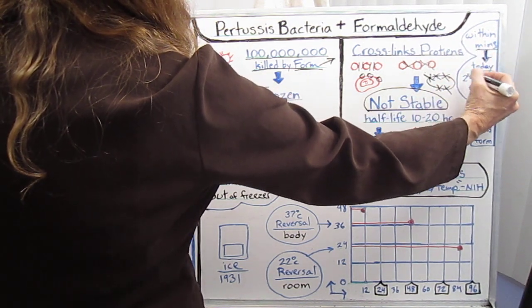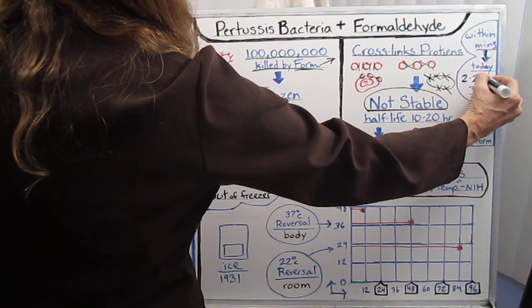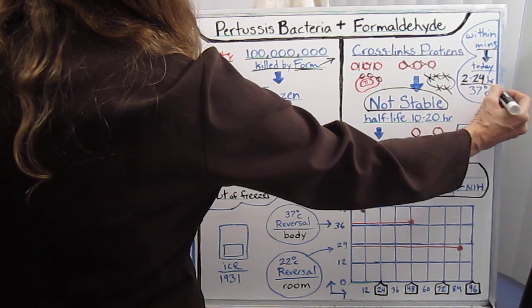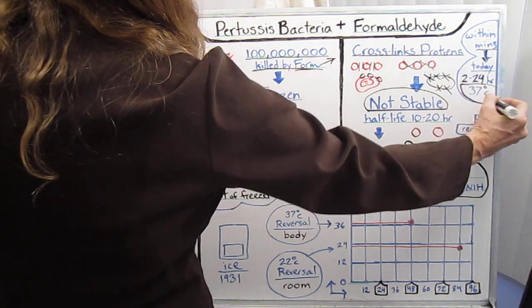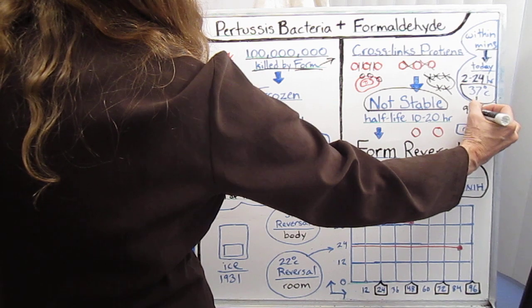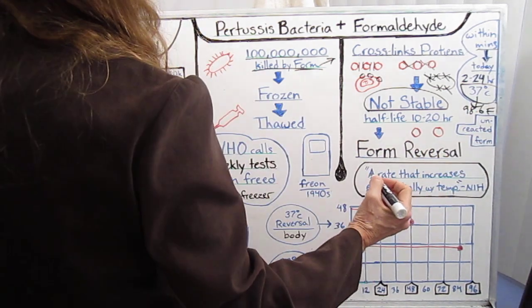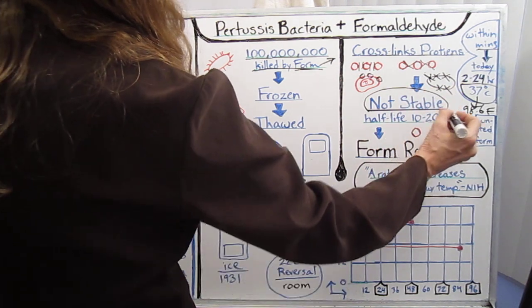Today you'll see in the recipes they will let it sit for 2 to 24 hours over the weekends at a heated temperature of 37 degrees C. What is 37 degrees C? It's 98.6 Fahrenheit, which is body temperature, which relative to us is not heating.